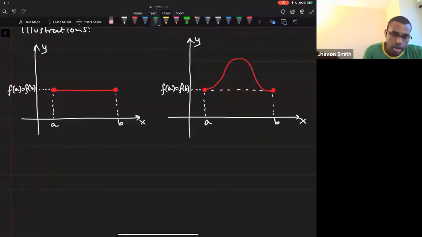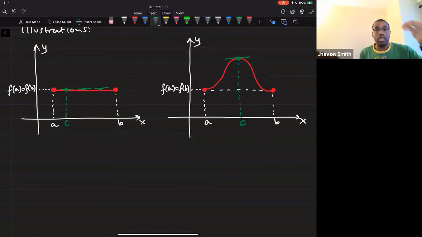Okay, then you'll notice that slope is 0, right? So that was a horizontal line. And here, slope is 0. So this would be our C, and this could be an example of a C, right?